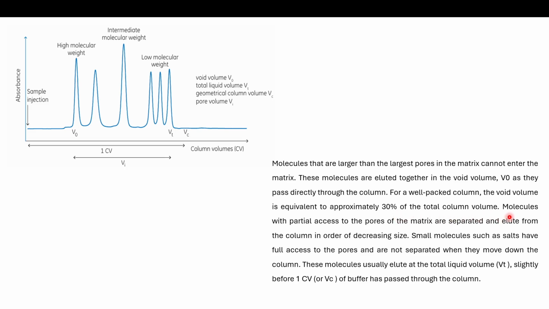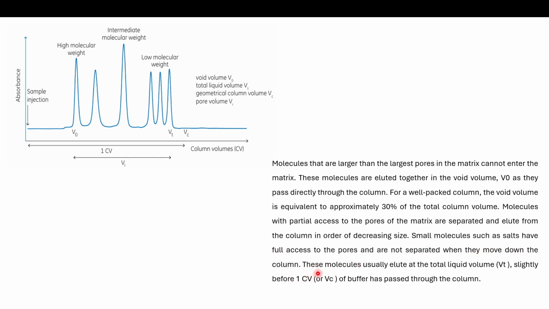And molecules with partial access to the pores of the matrix, like intermediate molecular weight samples, are separated and elute from the column in order of decreasing size, like this one comes out, then this one comes out. Then small molecules such as salts have full access to the pores and are not separated when they move down the column.